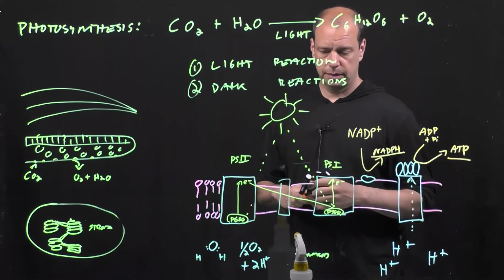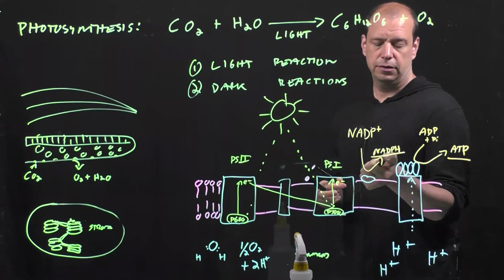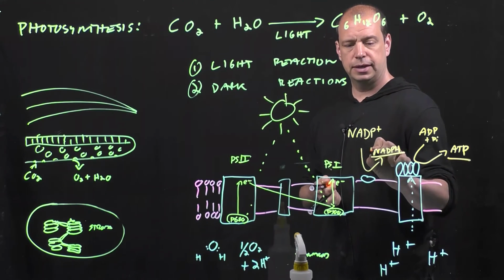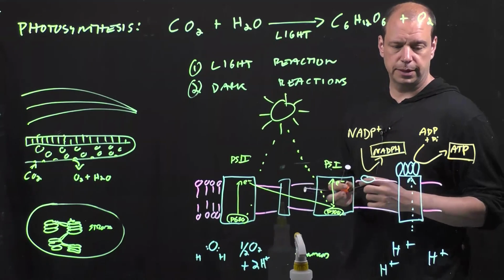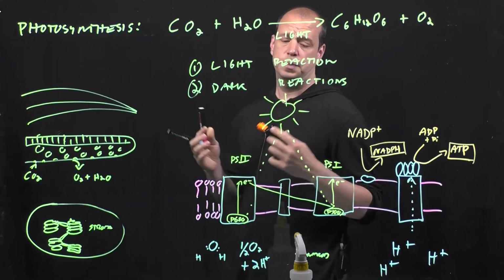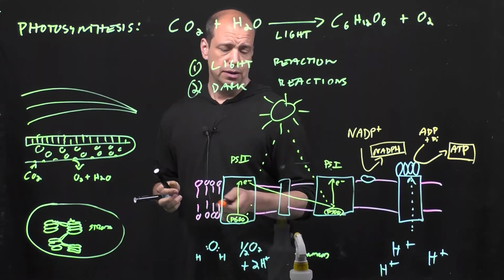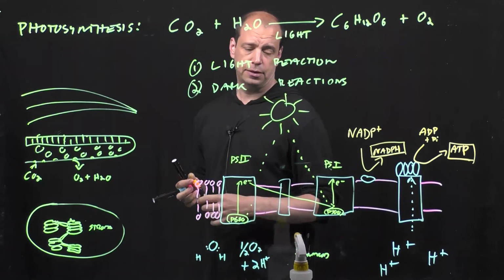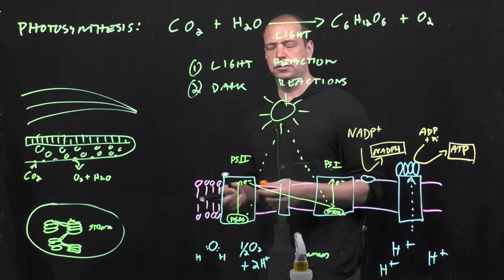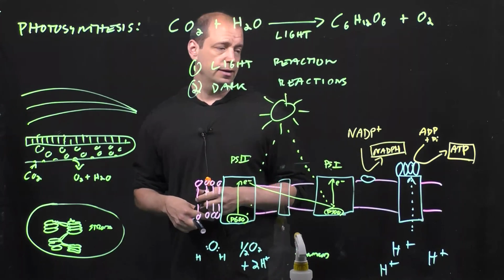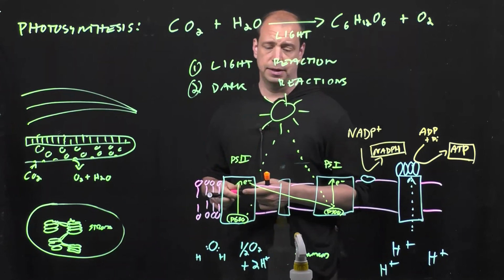So the output of this process is the reducing agent NADPH and the energy storage molecule ATP, which are then able to participate in the dark reactions. Also, as a byproduct, you get molecular oxygen, which then diffuses out of the plant and into the atmosphere and is available for use by other organisms.